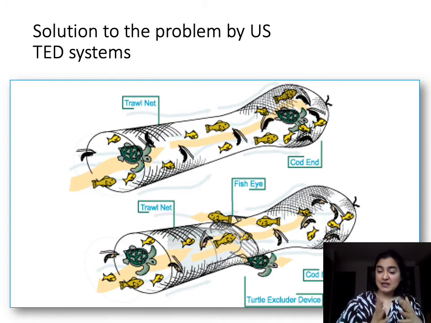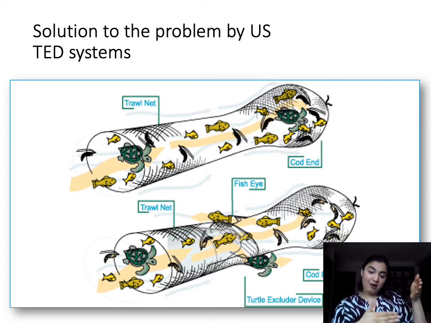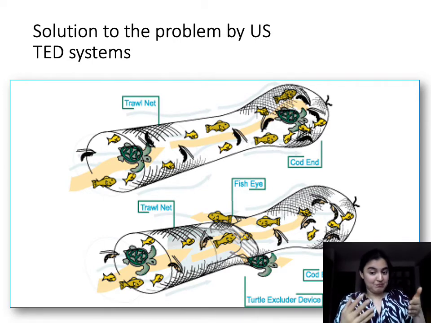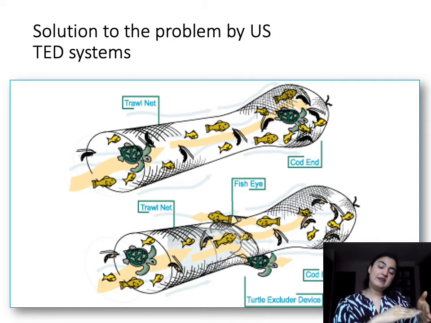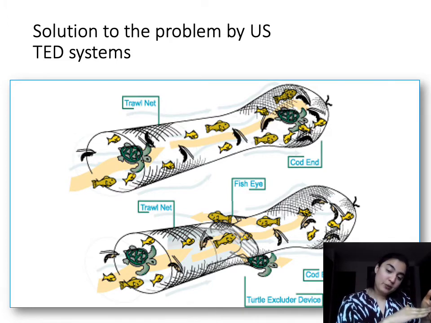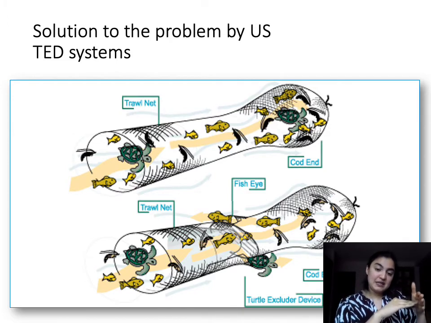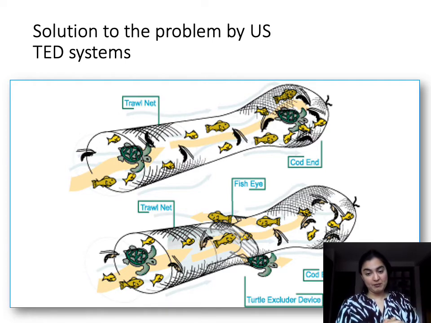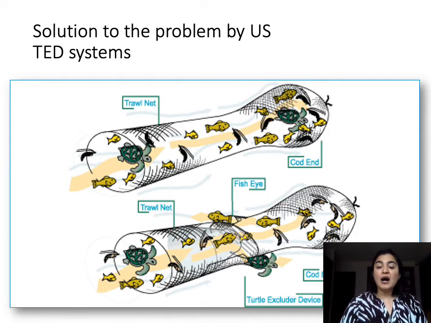But if a sea turtle accidentally enters the net, then this grid of bars would stop the sea turtle from going to the end of the net and getting killed. When the sea turtle gets stopped by this grid of bars, it has a hole, a fish eye, at the bottom or at the top of the net, so they hit the grid and they can escape through the fish eye. So this net allowed saving the lives of sea turtles to fishermen.